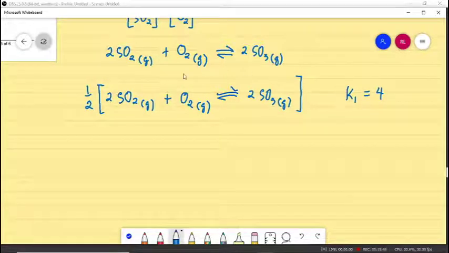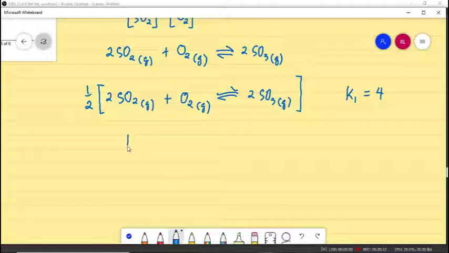So if you multiply this by 1/2, then what will happen to your equilibrium expression? So let us write first the original equilibrium expression. Okay, in other words, the equilibrium expression based on the original equation, which is this one.